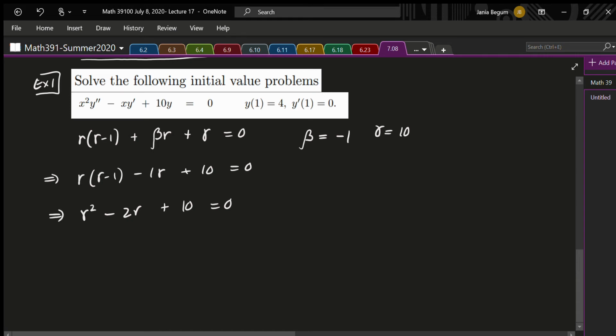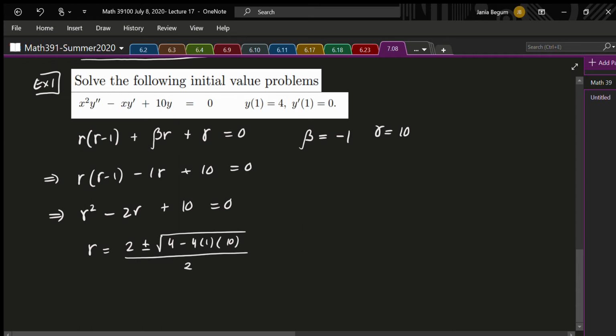You try to factor and see if it works. This one doesn't look like it's going to factor, so let's use the quadratic formula. r is going to be negative negative 2, so that's 2, plus and minus the square root of negative 2 squared, that's 4, minus 4 times 1 times 10, everything over 2 times a, that's 1.